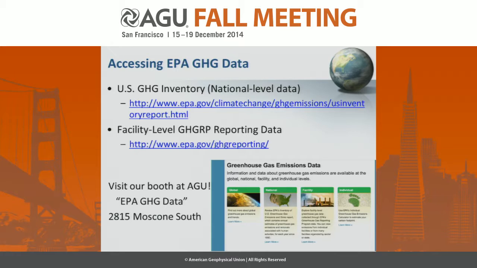Can you say something about how you document the uncertainties? So for every source in the greenhouse gas inventory, there's an uncertainty estimate. There's a chapter in the inventory that covers how uncertainty is calculated for the inventory as a whole. And then for each source category, there's information on uncertainty in general for that category.